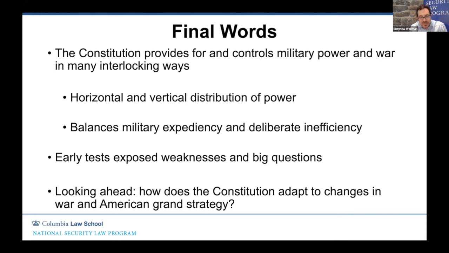Let me make a few points about what they say about war powers. First, the Federalist Papers, while they don't necessarily say a lot about the meaning of some of the specific and most ambiguous clauses that I've talked about today, they say a lot about national defense and security threats.